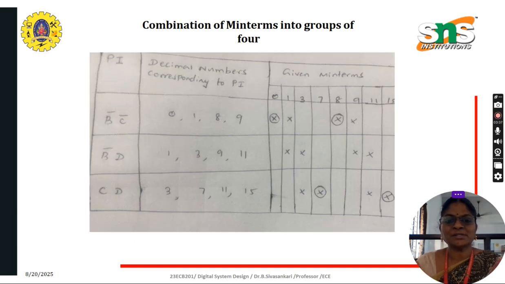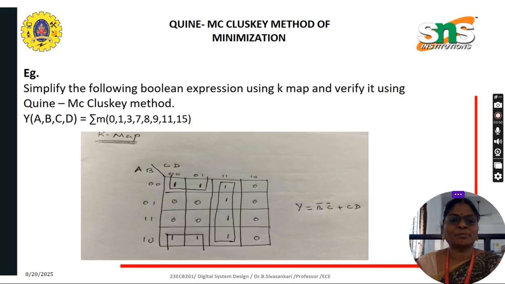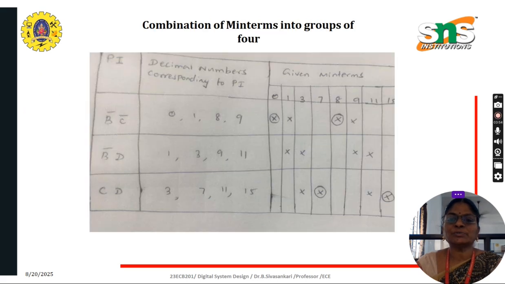So the corresponding decimal numbers are to be mentioned here, like 0, 1, 8, 9. Understood? Our next column is the given minterms, which is nothing but your problem. So what are the minterms given in our problem? See, this is our problem, right? 0, 1, 3, 7, 8, 9, 11, 15. So that should be mentioned here, the given minterms.